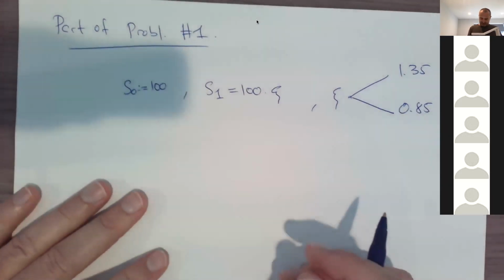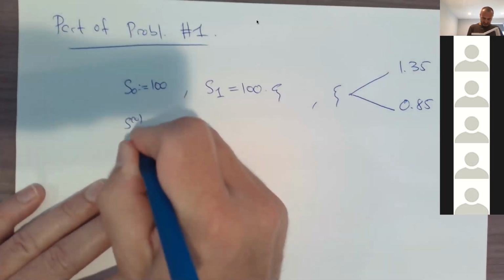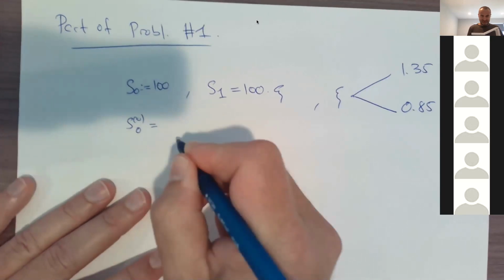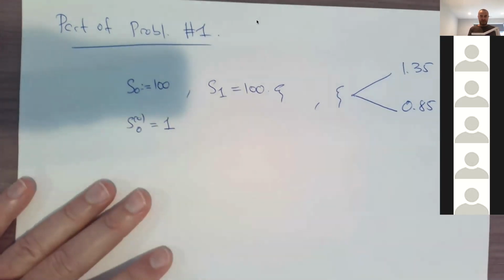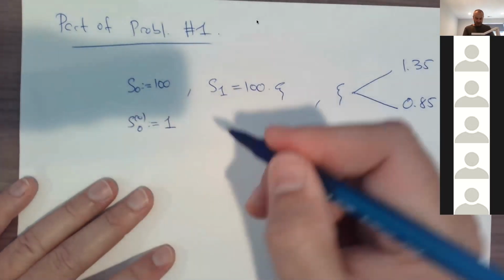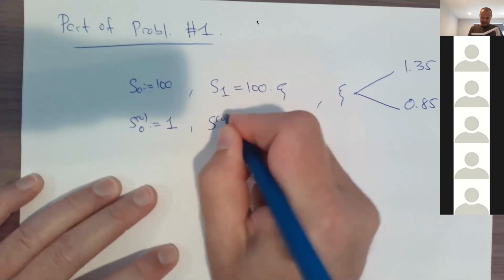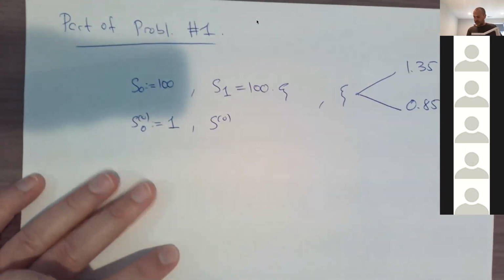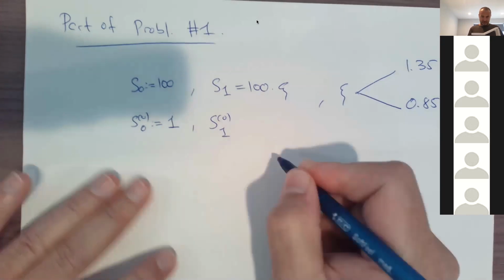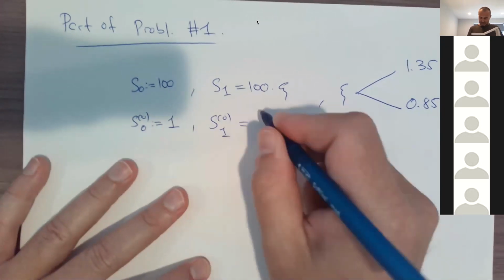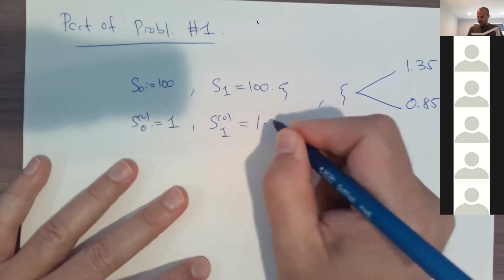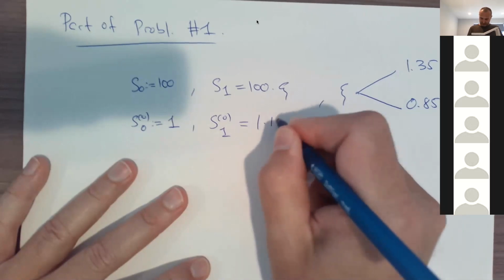There's an interest rate. So the money market account, we typically start the money market account out at 1, just for simplicity. And then the interest rate is given to be 15%. So the bank account at time 1 is 1 times 1.15.